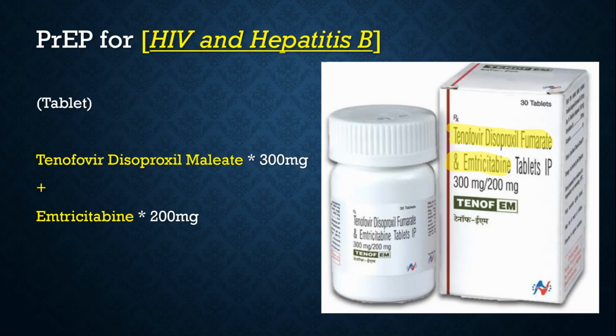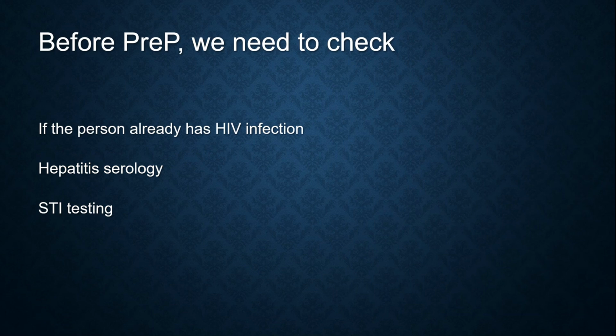Let's talk about PrEP. This is just 2 drugs for people who have not been infected by HIV but want to prevent it. It consists of 2 drugs: tenofovir disoproxil fumarate 300 mg, the TDF, plus emtricitabine 200 mg. Before PrEP, we need to check if the patient already has HIV infection or not.